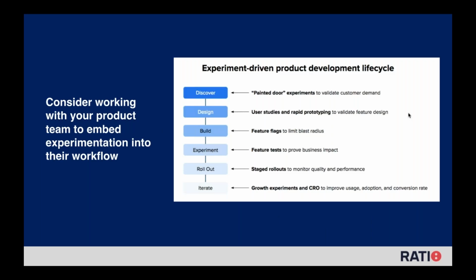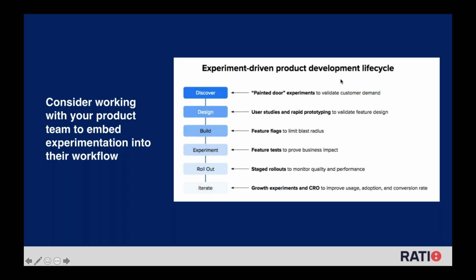So some of the ways in which we can look to get experimentation out there into the wider organization are to look at how you can help, for example, the product team within your organization with their work, and how experimentation can be embedded into their workflow.